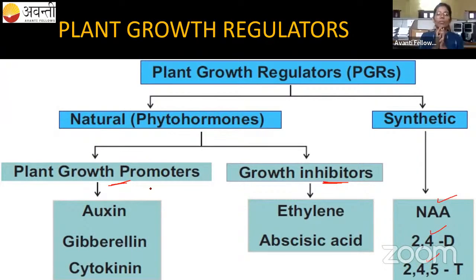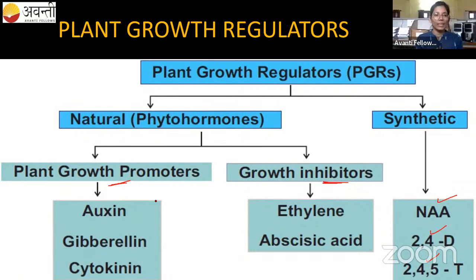Especially, we should know about the functions. Why we should know about the functions is because of general life. Let me give one example. Mango, tomato, or apple. If we want to ripen these fruits, we dip the fruits in some chemicals.